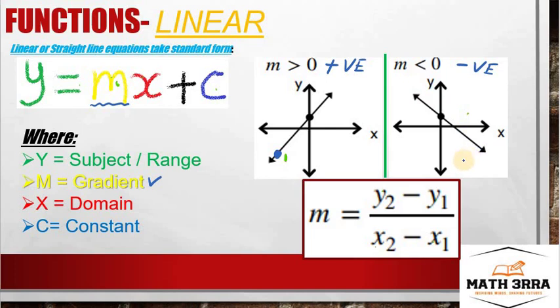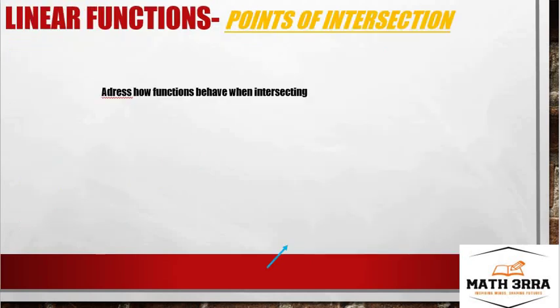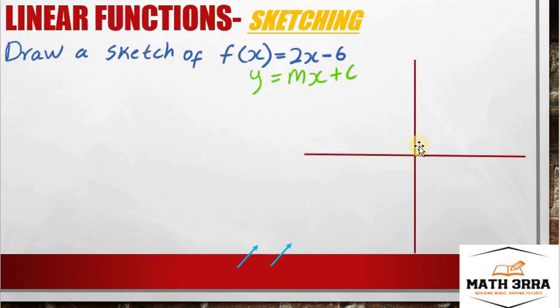It's also of paramount importance for us to know that in this particular case, we are not going to be calculating the gradient when sketching. Rather, we are tasked with sketching the graph, and we are given the gradient.